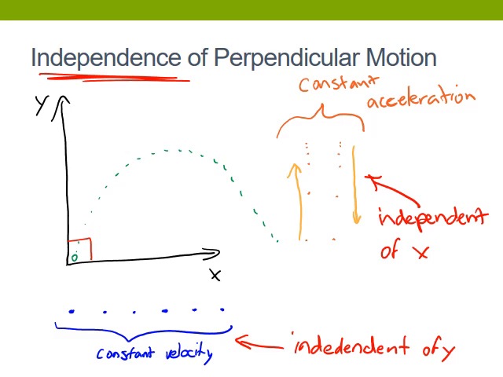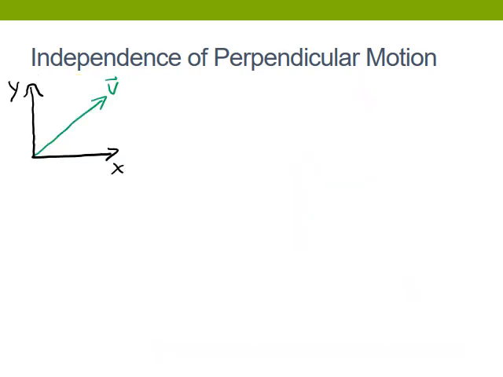And the only thing that gets shared between them is time. And this independence of motion is very powerful. Let's suppose I have this vector.